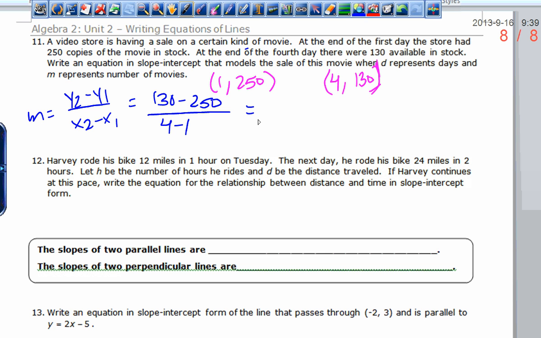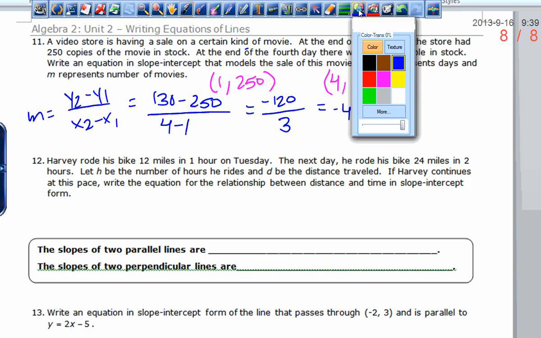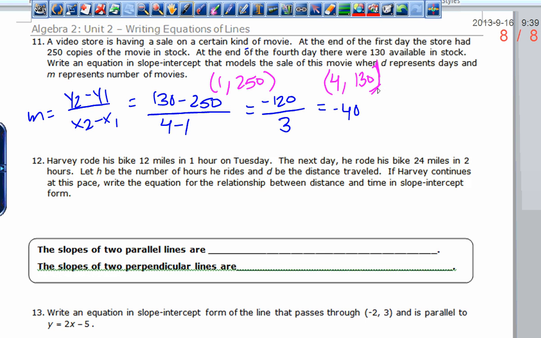Okay, so 130 minus 250, that's negative 120. 4 minus 1 is 3. Negative 40 as my slope. The other thing we have to do is actually use one of the ordered pairs.